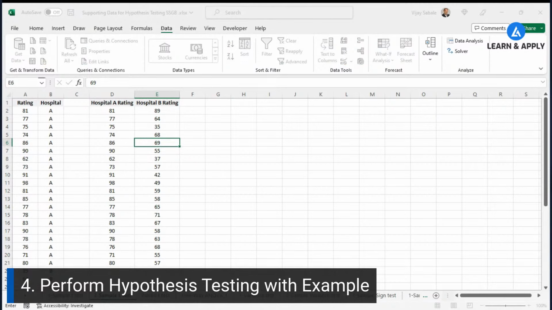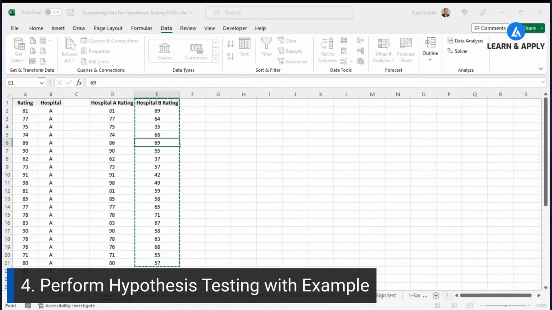After that, we need to mention the variable 1 range and the variable 2 range, right? So we can click on this vertical arrow and mention the hospital A rating as our first variable. Press enter. Then variable 2 is our hospital B rating. We can select that and press enter. So we have provided the input data: the variable 1 range and the variable 2 range.